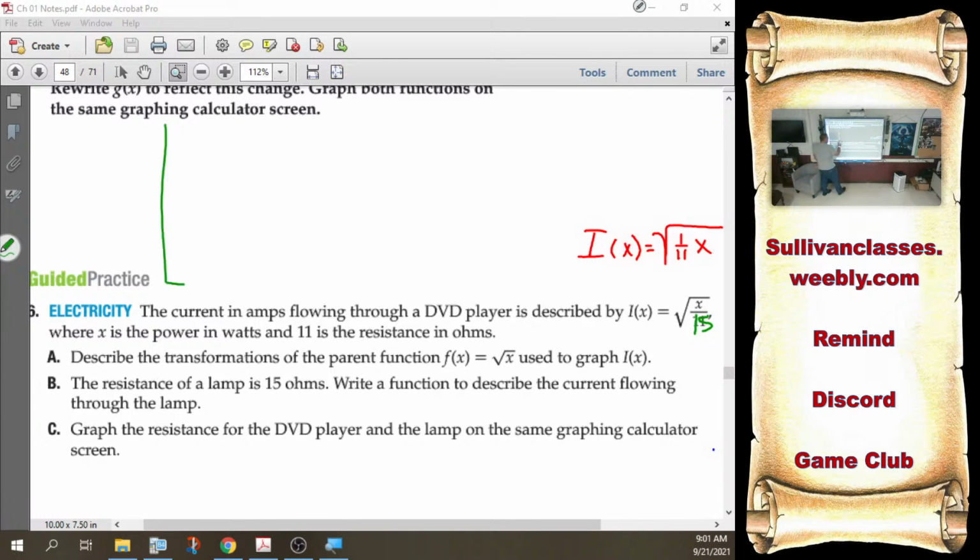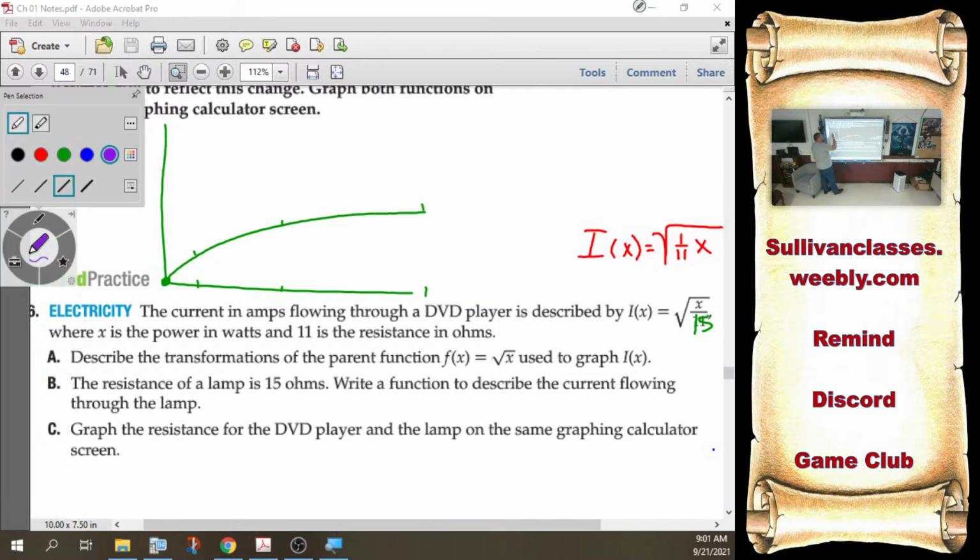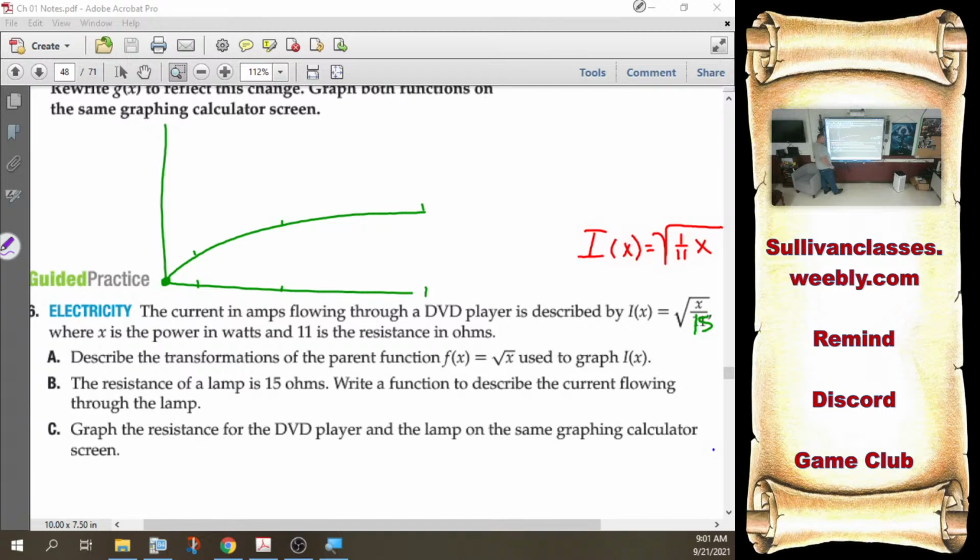Y'all, a normal square root looks like this. 1, 1, 4, 2, 9, 3. This is 1/11th of that. So now it's going to be 11, 1.